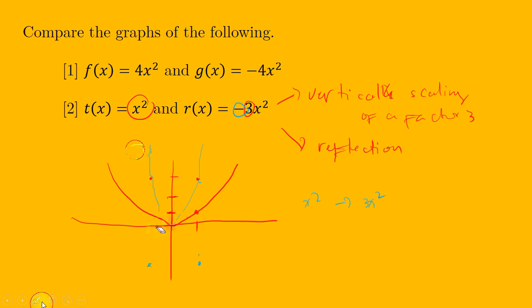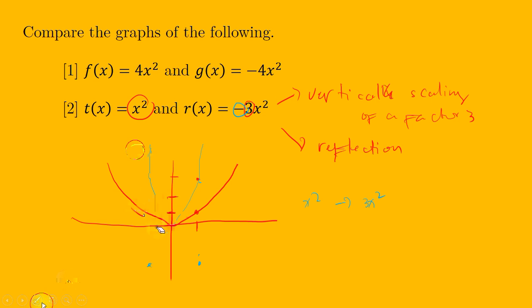After scaling by 3, it is now being reflected by this axis. So got that? The final graph is, this is 3, this is negative 3 there, and so on, continuous points. So this is x squared, and this is negative 3x squared.